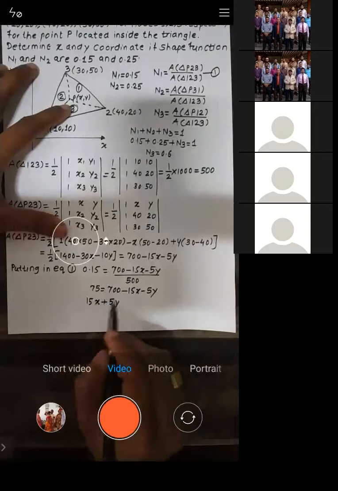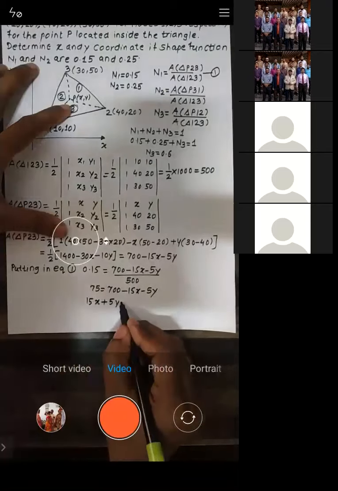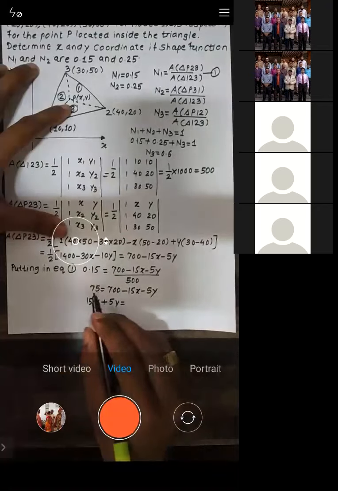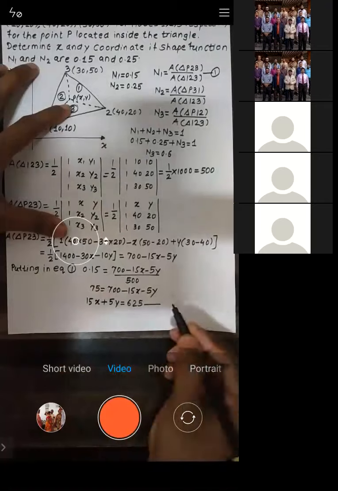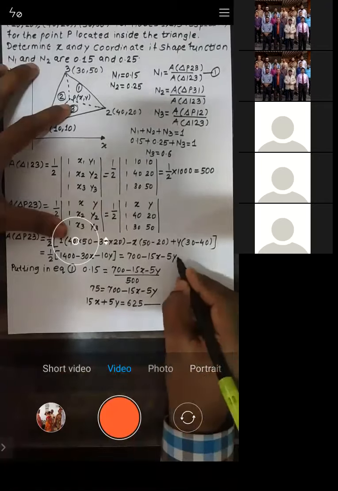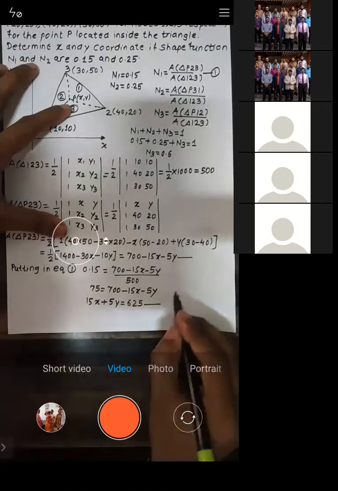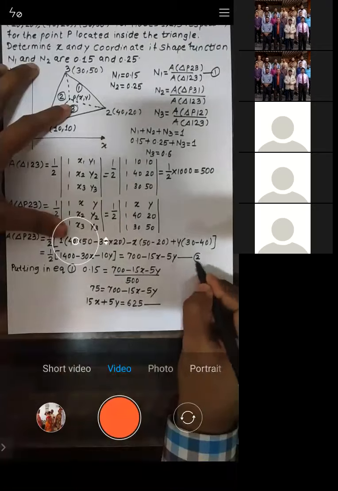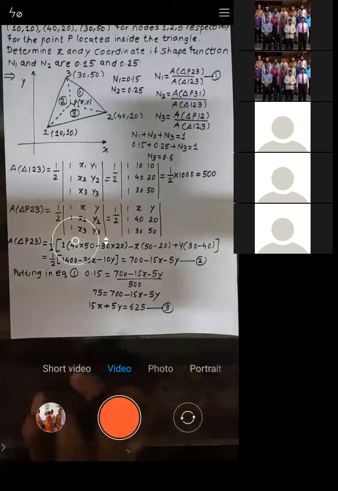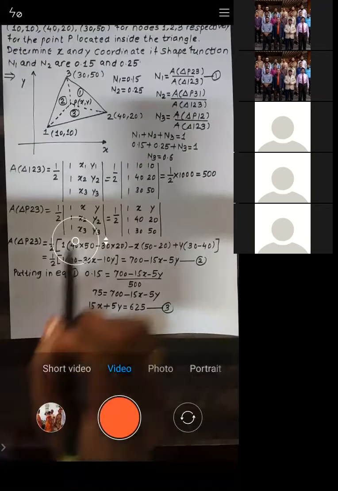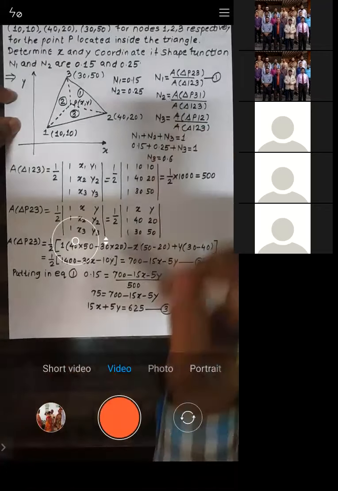And 75 I will bring to the right hand side, so this becomes minus: 700 minus 75 is 625. Let this be equation number 3. So by using n1, we got one equation.